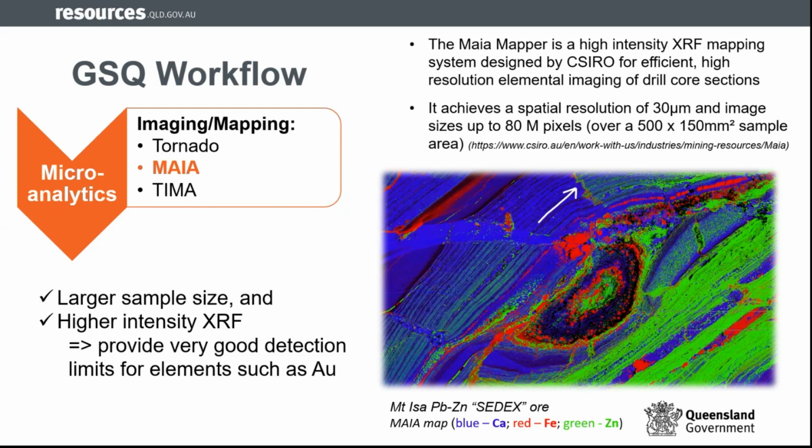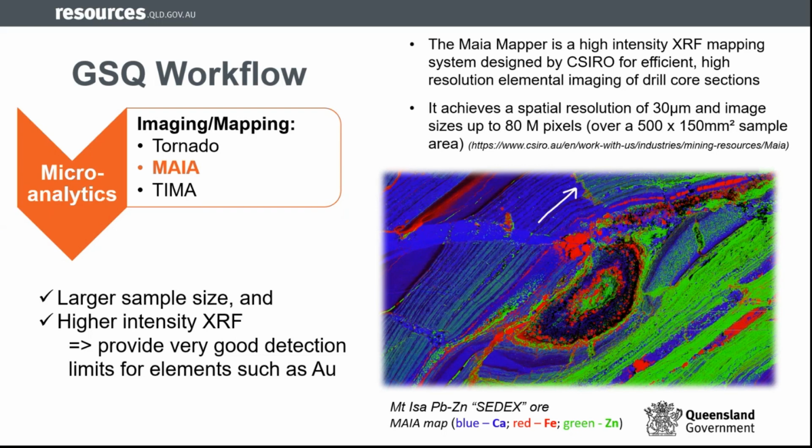Again, this example is what Vlad already showed, a sample from the Mount Isa lead zinc deposit, where you can clearly see, hopefully here, these green bands representing the zinc, and that the carbonate was replaced by sphalerite. So this sort of data and images really enables us to clarify the models for deposit formation.